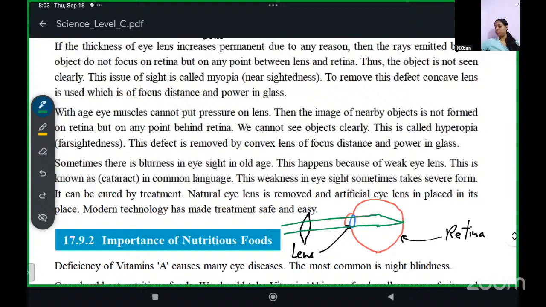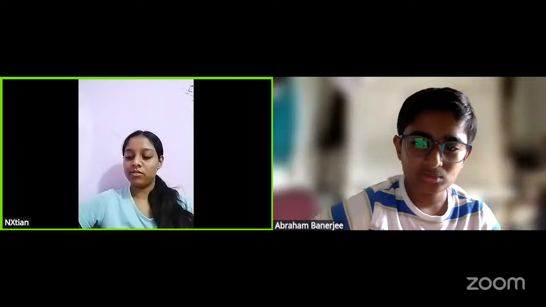Modern technology has made this treatment safe and easy. They remove the natural eye lens and place an artificial eye lens, because the natural one has weakened. So these are the eye diseases, or various eye issues that are there. I will show you one image.